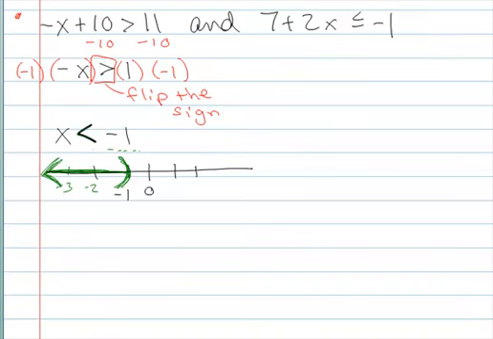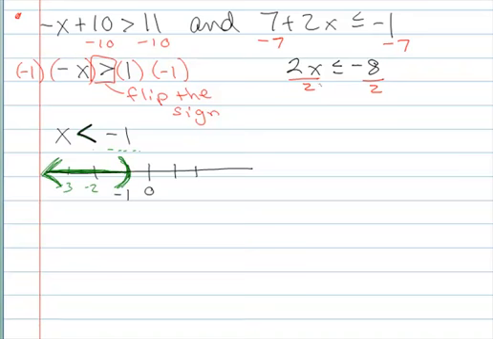So now we come over here to solve this other one. Again, we want to get the x by itself, so I'm going to subtract 7 from both sides. So I've got 2x is less than or equal to minus 1 minus 7, which is minus 8. Now I'm going to divide both sides by 2. I don't flip the sign because I'm dividing by a positive number. If I had been dividing by a negative number, then I'd go ahead and flip the sign.